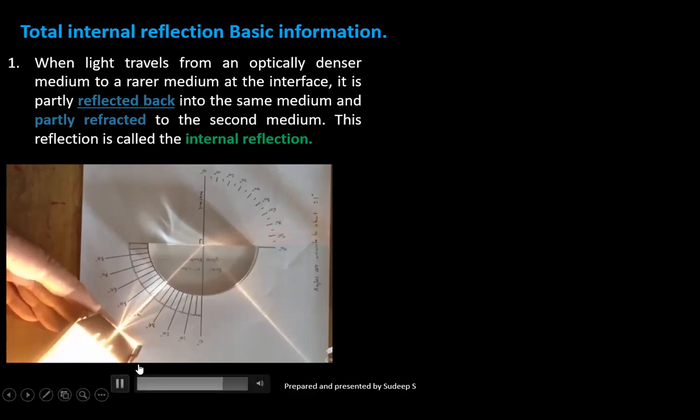As the angle of incidence is increased more, you can see there is no more refraction and you can observe only internal reflection. So this will be known as total internal reflection.